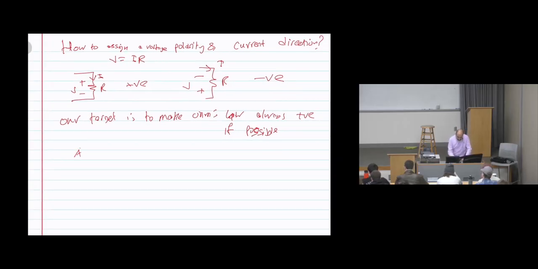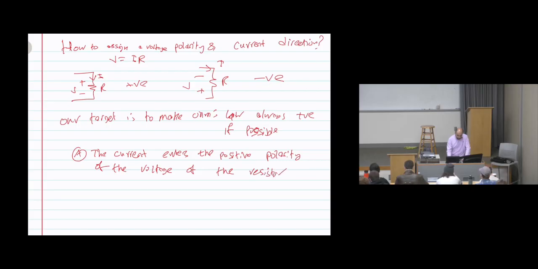We need to make sure the current enters the positive polarity of the voltage of the resistor. This is for the resistor. How about for the source?